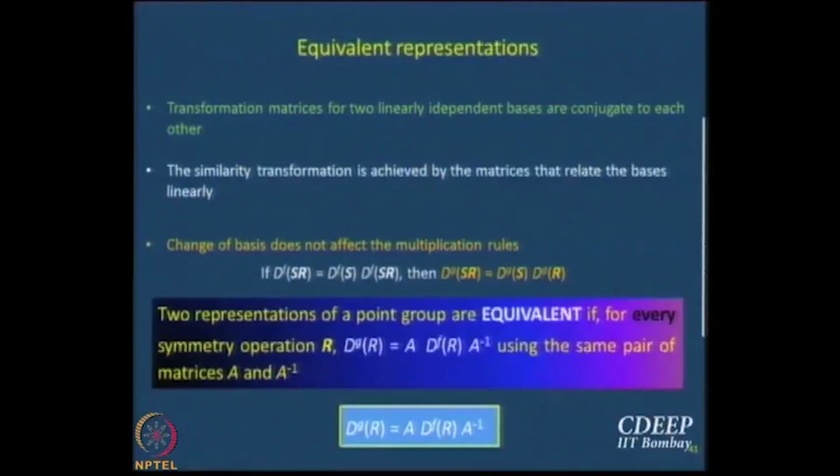DE, DC3, DC3 square, D sigma V1, D sigma V2, D sigma V3. Now you have to do the similarity transformation of each of these matrices using the same A inverse. Okay. Then what you get, if you get, is another set of matrices, then the representation that you generate that way is equivalent to the representation that you started with. Alright. This is the definition of equivalent representations.